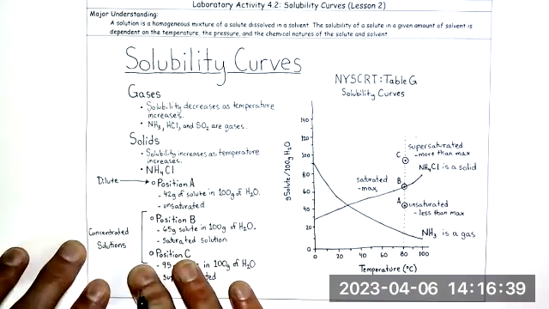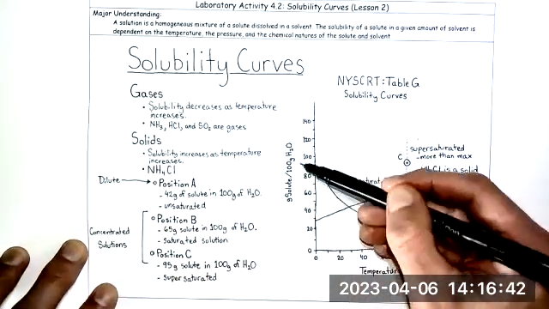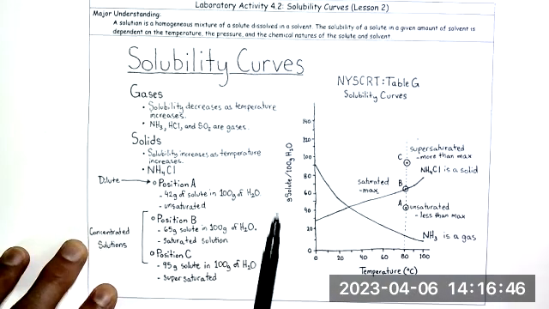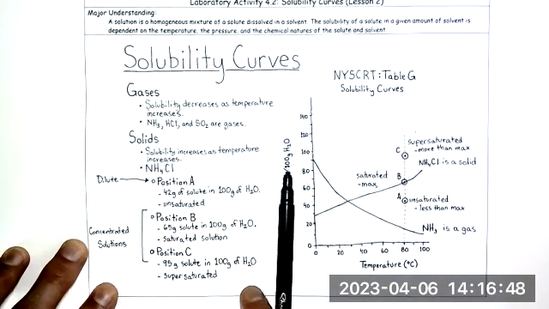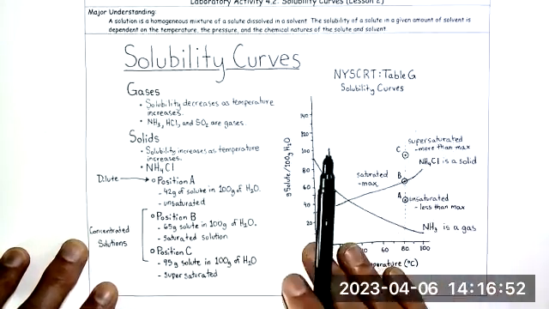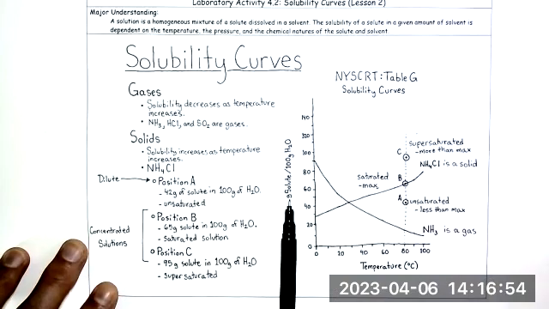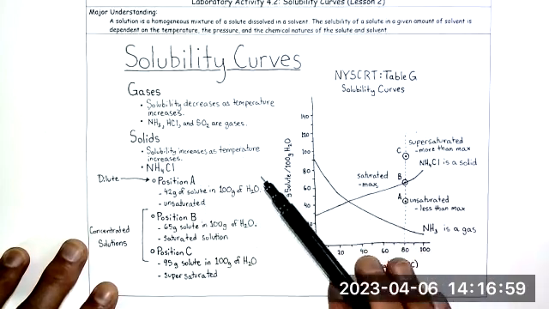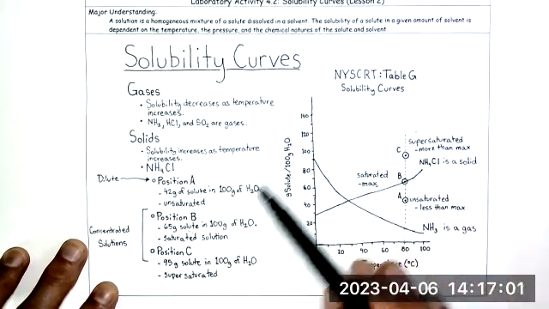Okay. And it's also important to note that since this table represents the amount of solute per 100 grams of water, that if we had 50 grams of water, we would have to take every value on this table and divide it by 2. And if we had 200 grams of water, then we'd have to take any value we find on this table and multiply by 2 or double it.